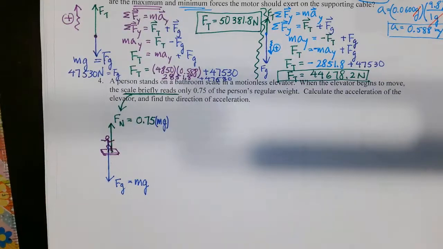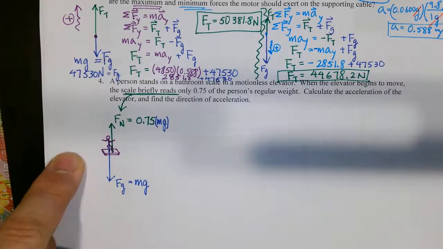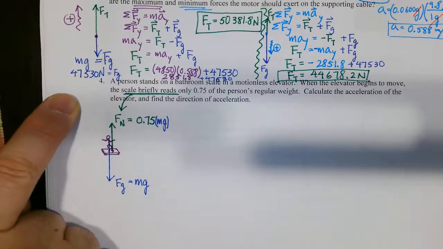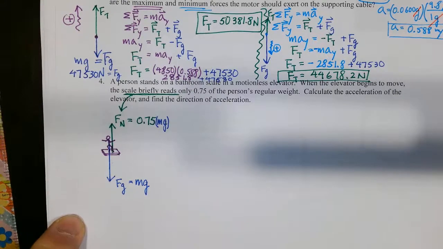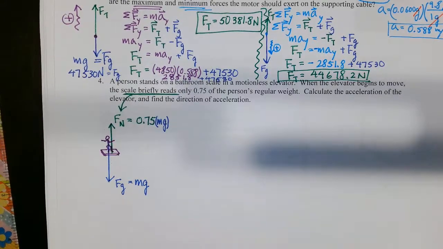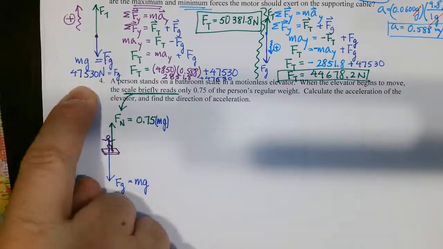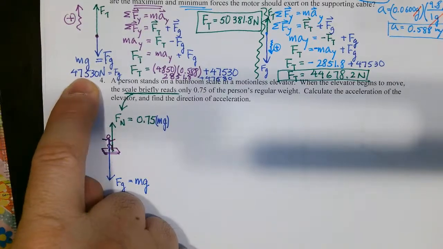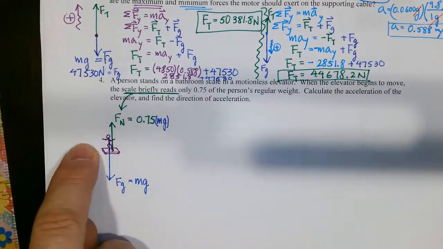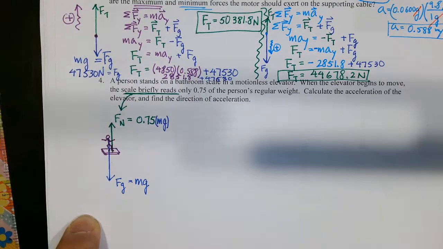Now, let's think about this. Are we going to assume going up is positive and going down is negative? We don't know whether this thing is going up or down, right? So we're going to have to assume something. If we assume that this person is accelerating up, we're going to call up positive. Or if we assume that this person is accelerating down, we're going to call down positive.